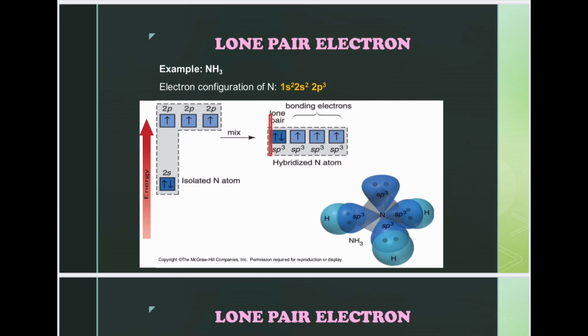So why 2 electrons here? Because this is the lone pair. When you look at the ammonia structure, it consists of 3 sigma bonds and 1 lone pair. So the hybridization is sp3.